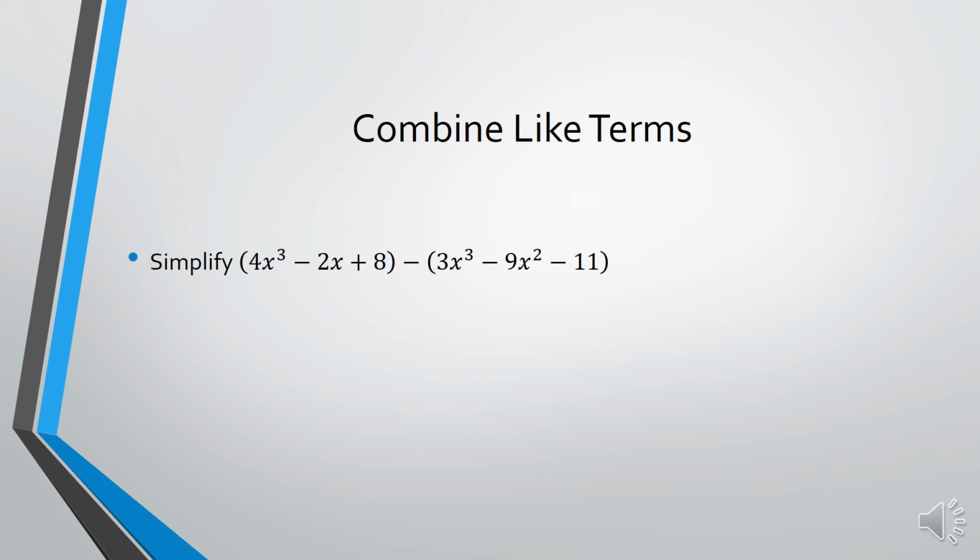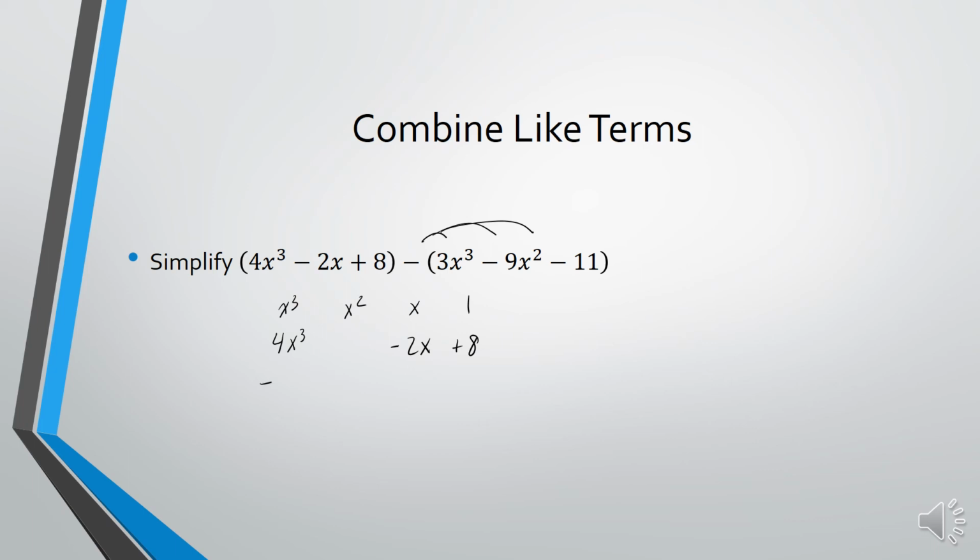And let's try this again. So again, the highest power term is x cubed, so I'll have x cubed, x squared, x and my constant. This time we're subtracting, but it's the same thing. So I'll go through. First thing I have is 4x cubed minus 2x plus 8. And now I'm subtracting off everything in the next set of parentheses, so let's not forget to distribute.